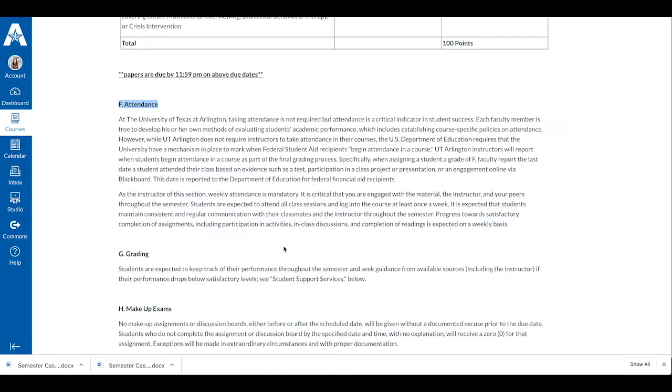However, at the end of the semester, if someone is on the cusp and has like a 79 instead of an 80, and they have perfect attendance, I will use my discretion based off of your attendance to bump that up. And so I do expect that you come. I hope that you will come and participate, but it's not an absolute mandatory thing that's going to negatively affect your grade. It can only help to enhance your grade.